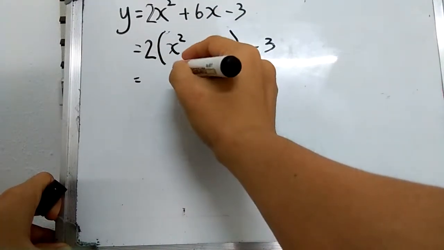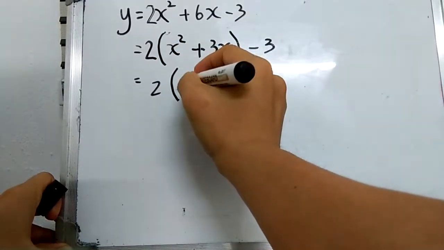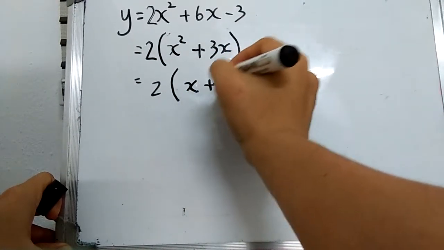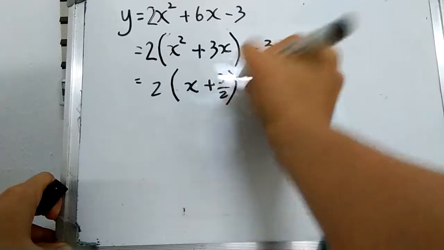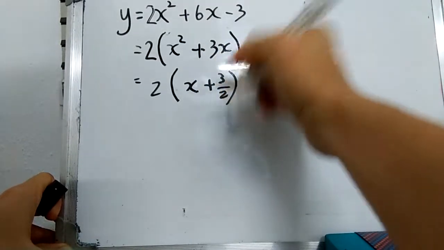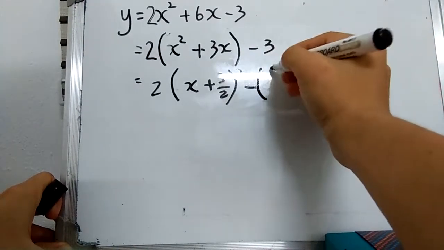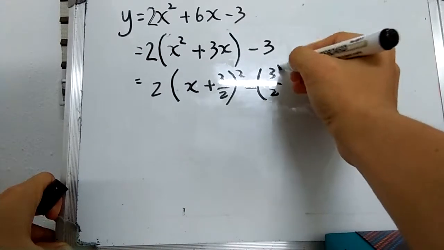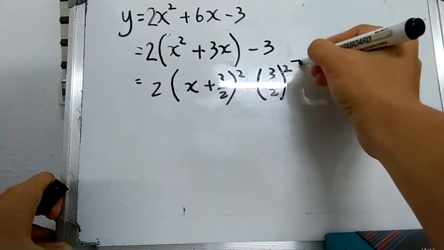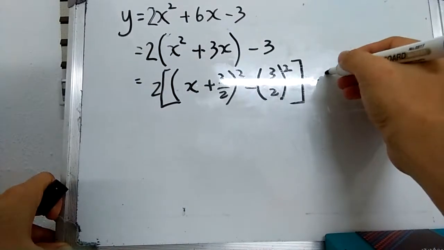After that, x squared becomes x plus 3 over 2, because you need to half the 3 to get 3 over 2 and square it, minus 3 over 2 squared, minus 3.